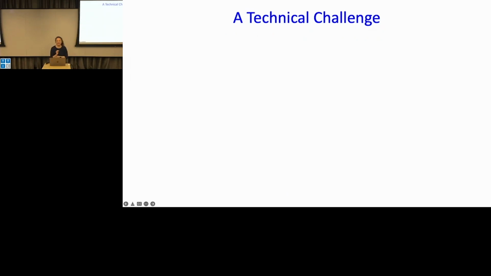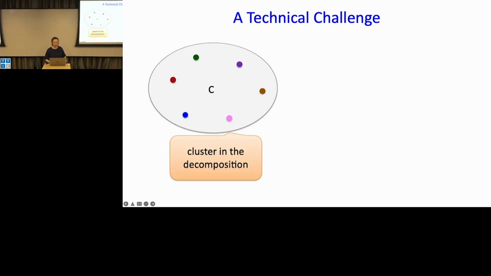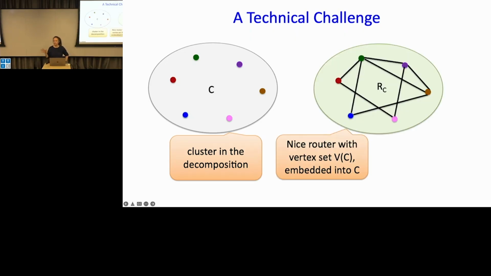And lastly, in the last 2 minutes, I just want to quickly mention a technical challenge that comes from trying to maintain a proper router decomposition. Suppose this is one of the clusters in the decomposition, and suppose I have computed a good certificate for this cluster. I computed this explicit router on the same set of vertices and embedded it into C through short paths that cause low congestion.